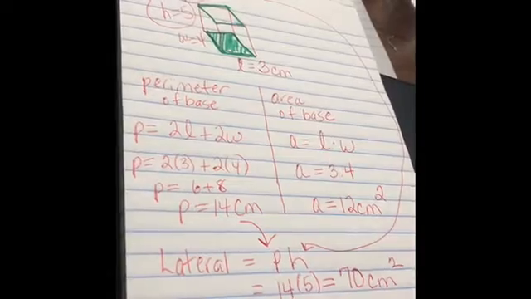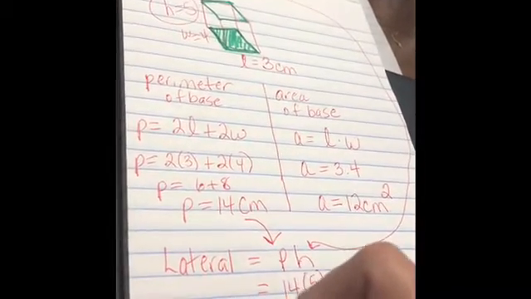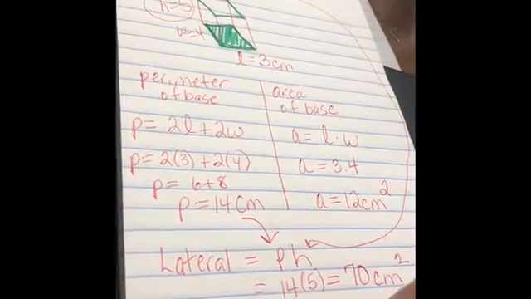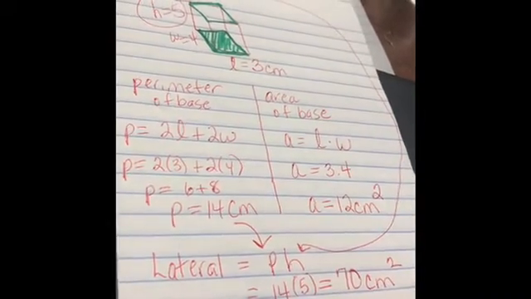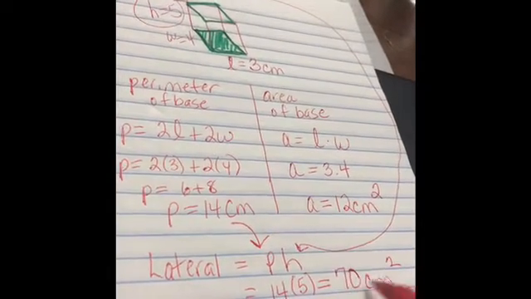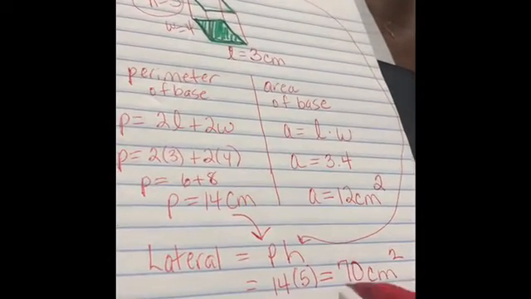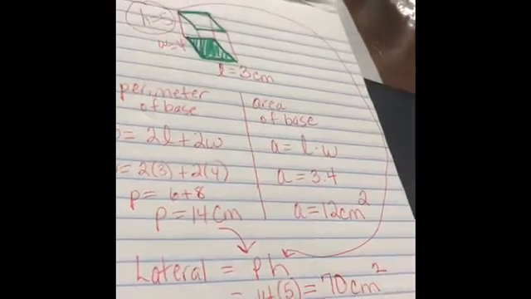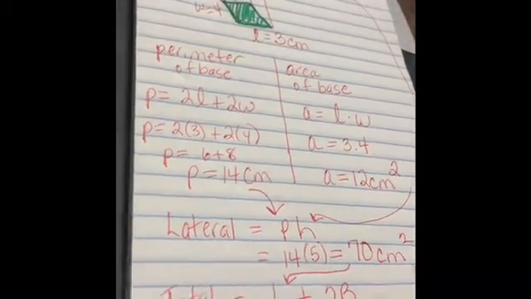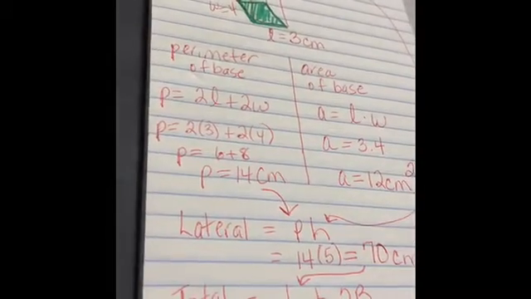And then if they want to find total surface area, well, total surface area is equal to the lateral surface area plus 2 times the area of the base. So here, you already have lateral, so you plug it into here. And then you do 2 times the area of the base. And the area of the base was this number.